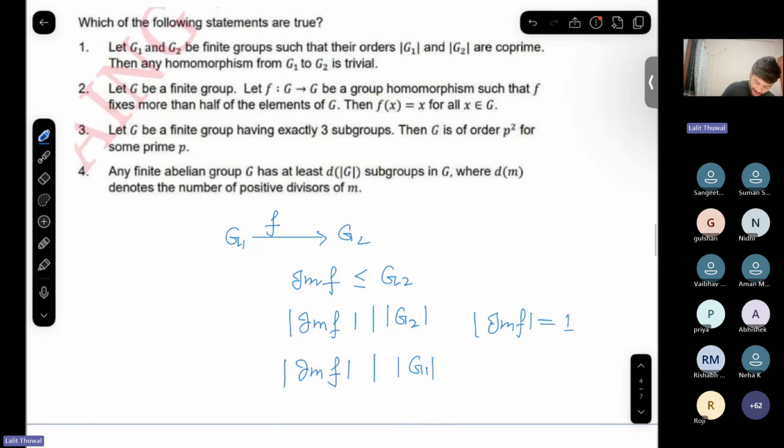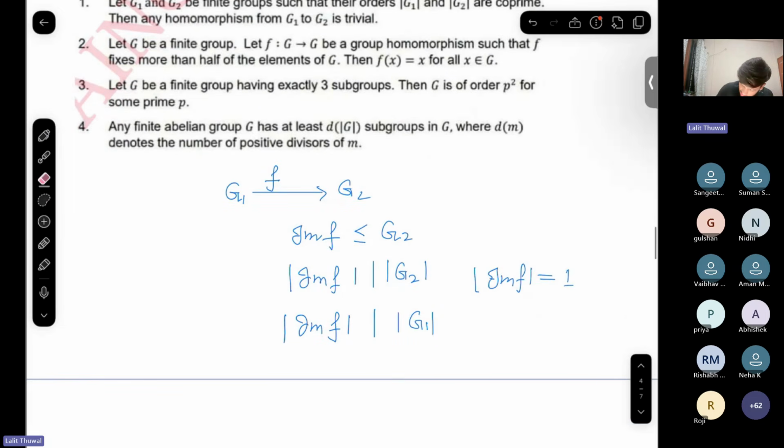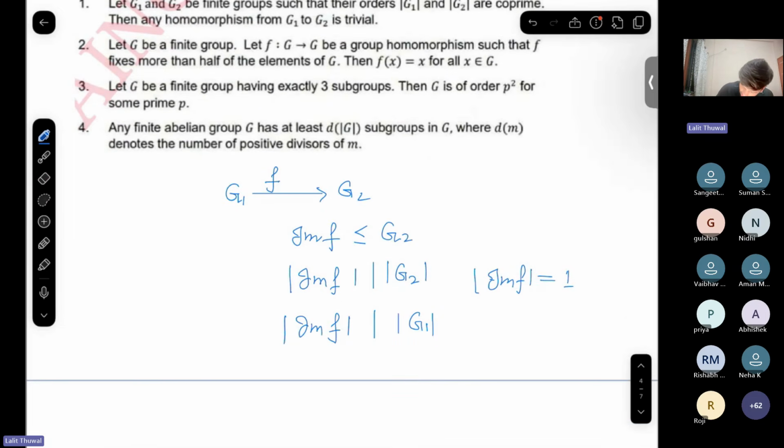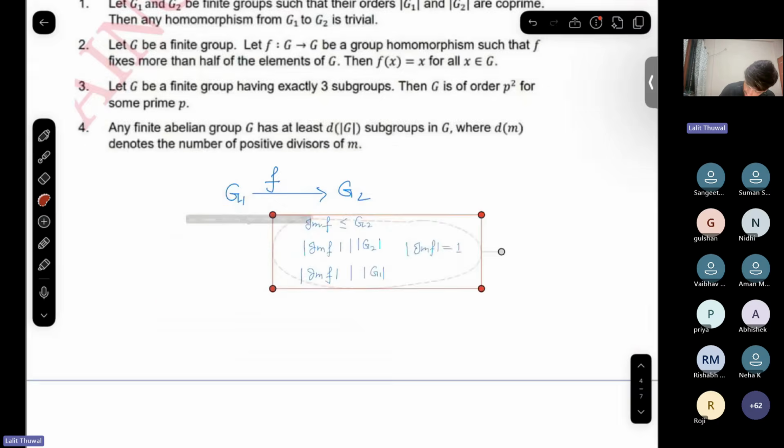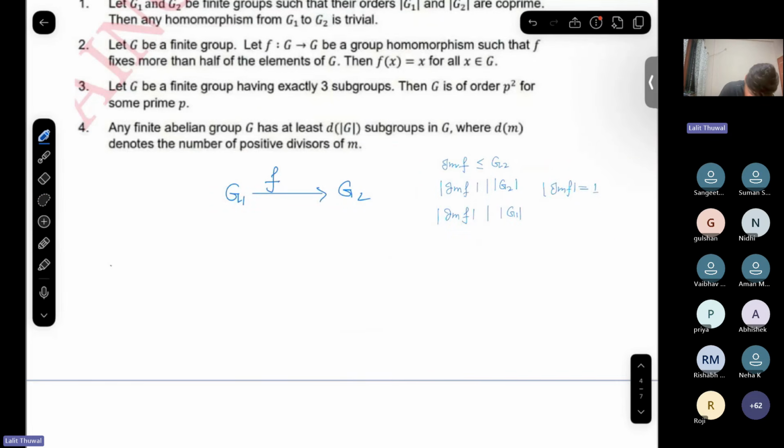See, 2: let G be a finite group and F from G to G be a group homomorphism such that F fixes more than half of the elements of G, then F of x equal to x for all x. See, it is very easy, option number 2.